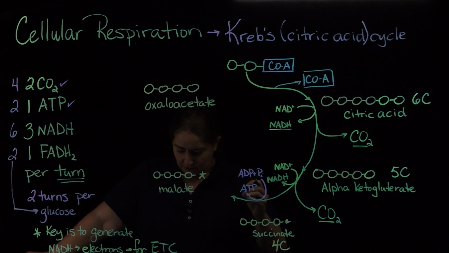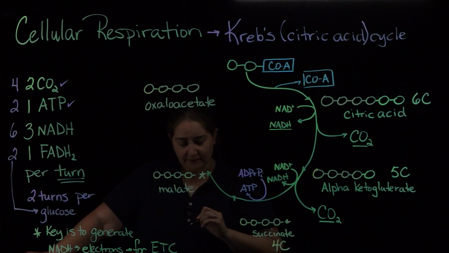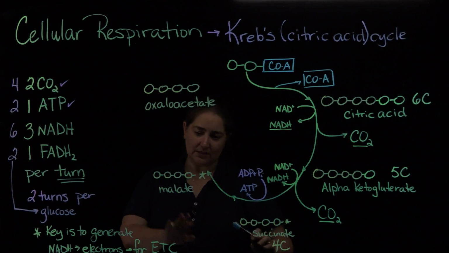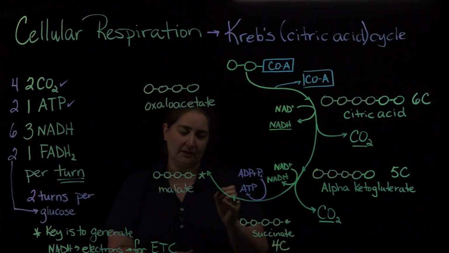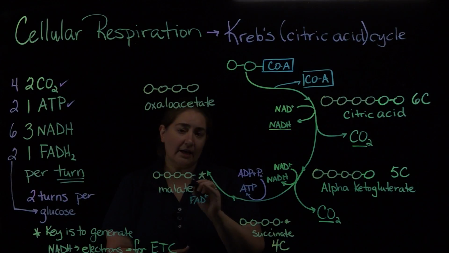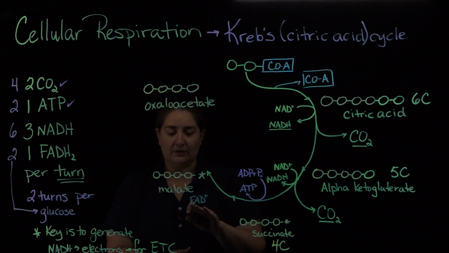So what we're going to do then, going from succinate, we're going to go to malate, all right? And what we're going to have generated between succinate and malate, we've got another molecule here that I haven't talked about yet, all right? Don't let that throw you, all right? We've got FAD.